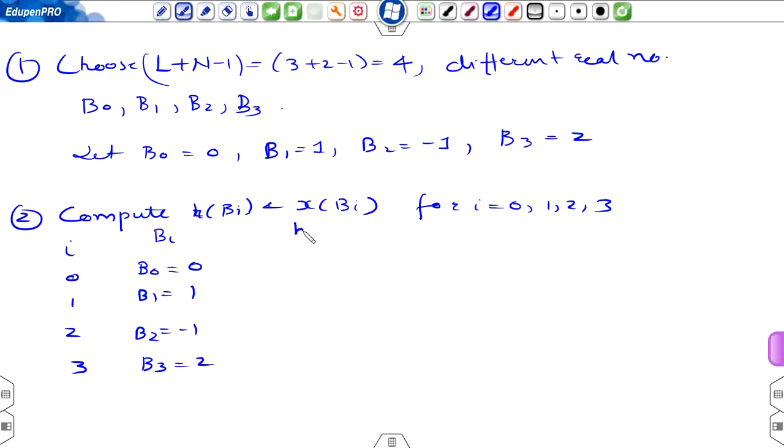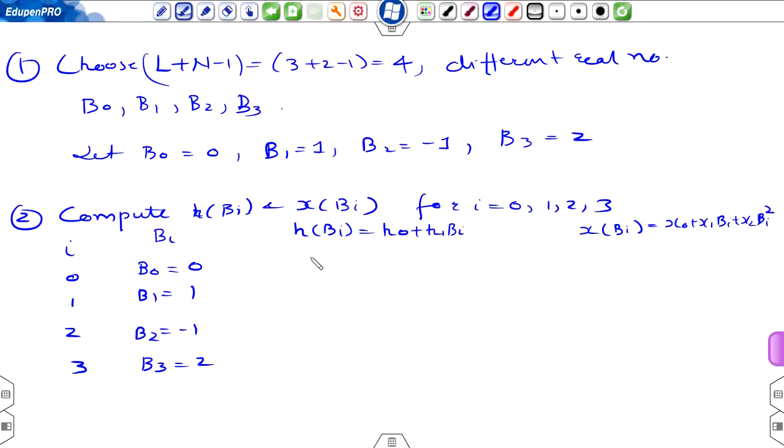We have to calculate h of beta i, that is h0 plus h1 beta i, and x of beta i, that is x0 plus x1 beta i plus x2 beta i square.